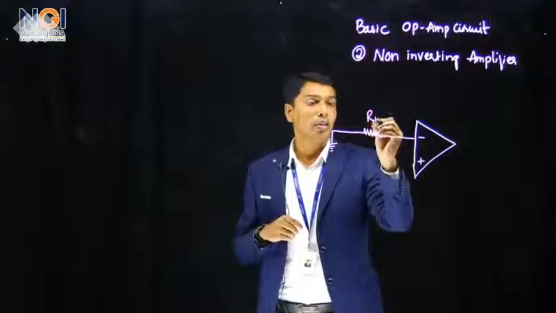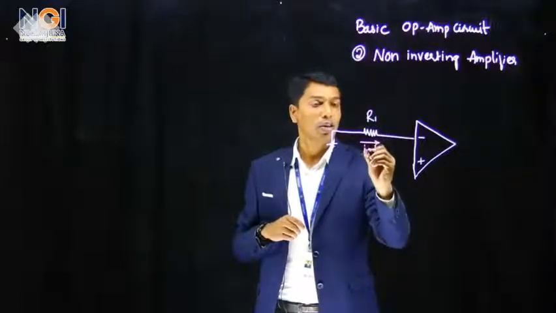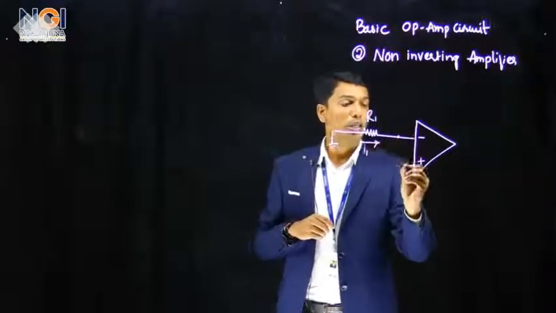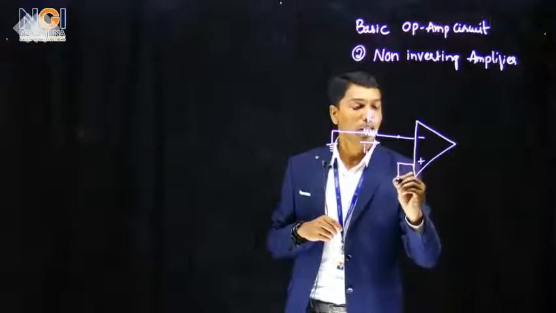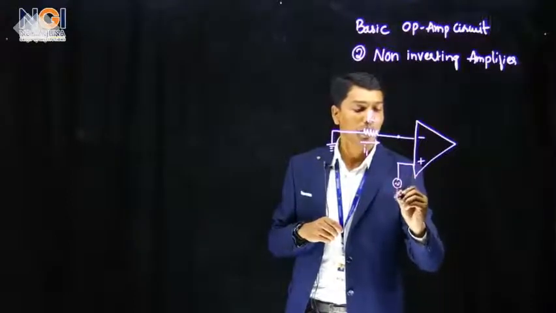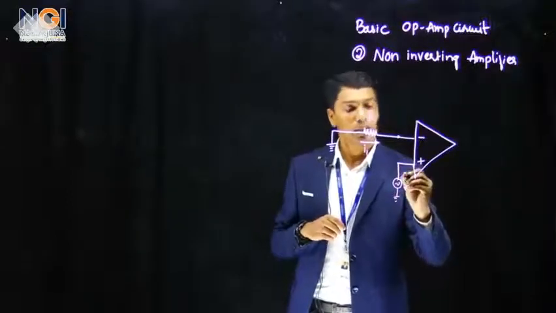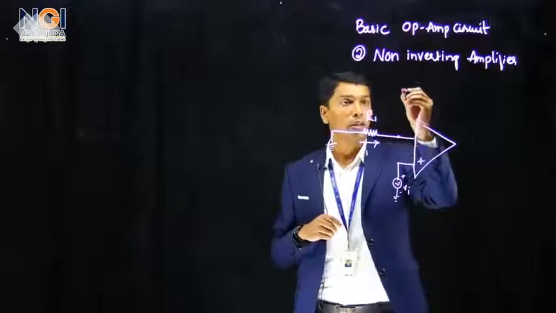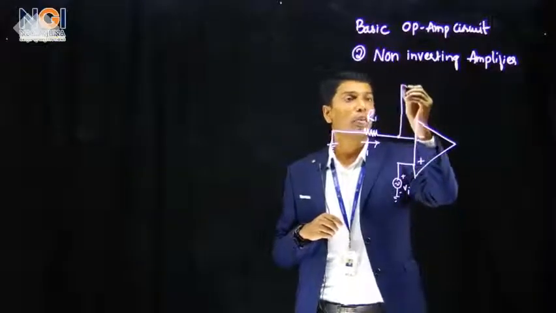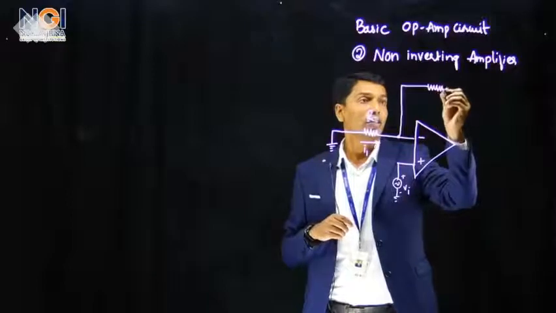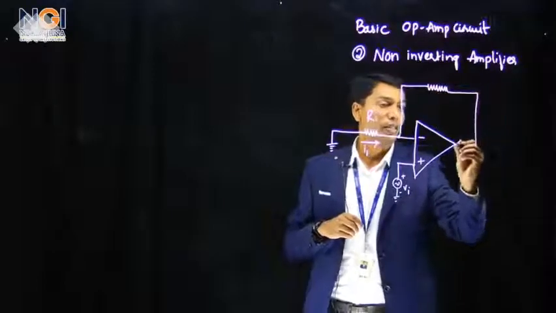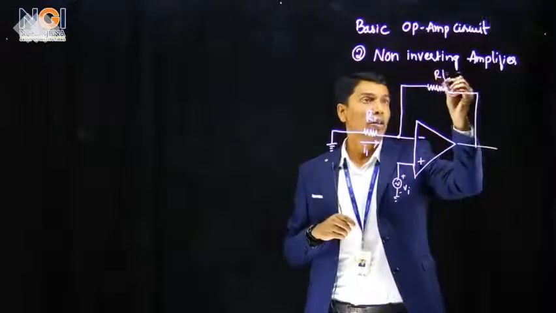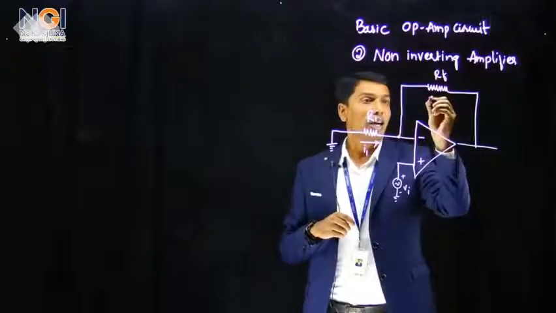R1, current I1 entering the node. Next, the non-inverting terminal supply will be applied, V in. RF is the feedback resistor. IF is the current leaving the node.